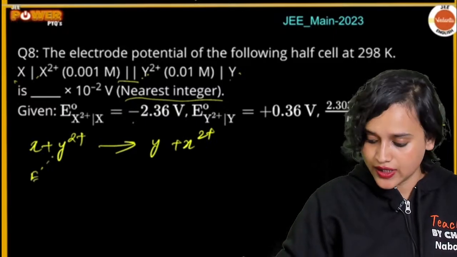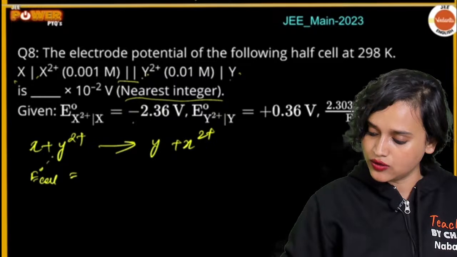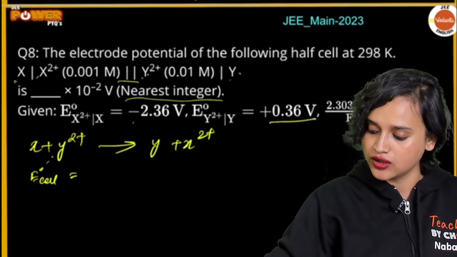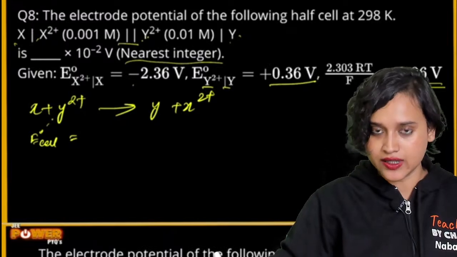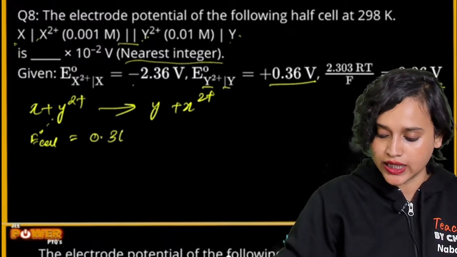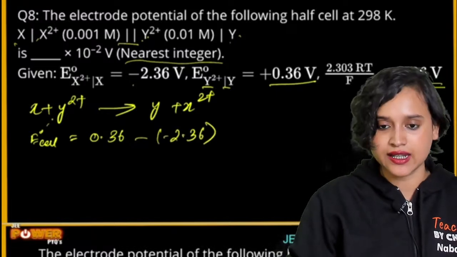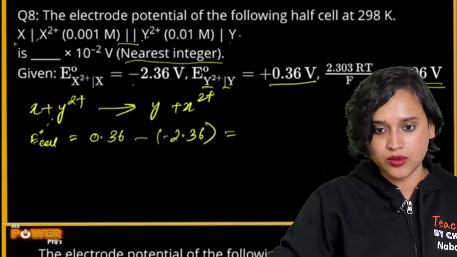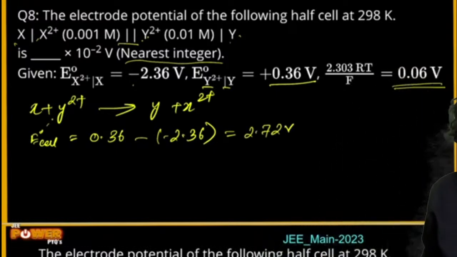Great. This time we are using the same formula, that is E naught cell is equal to, directly let's write E naught Y2 plus to Y, which is given as 0.36, minus 2.36. That will be equal to minus 2.72 volt. What did we do?